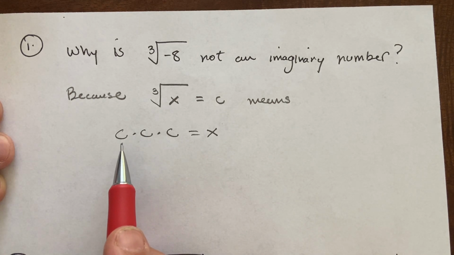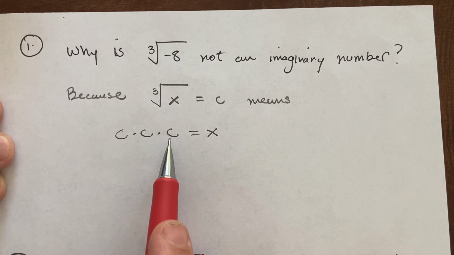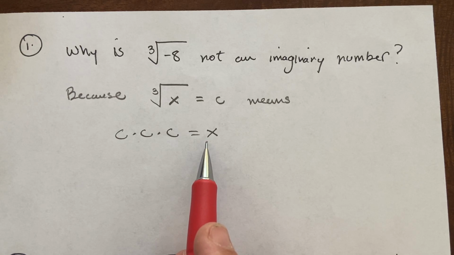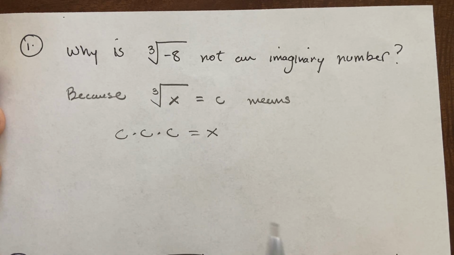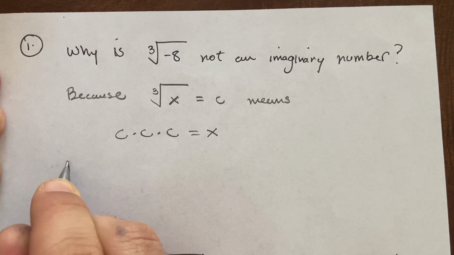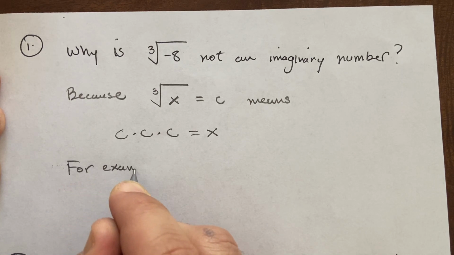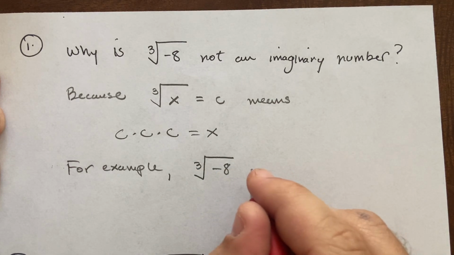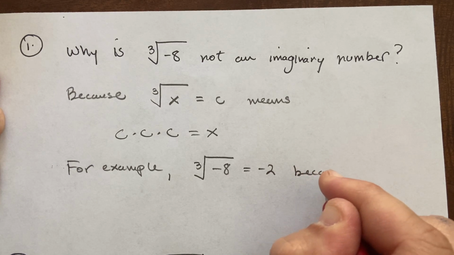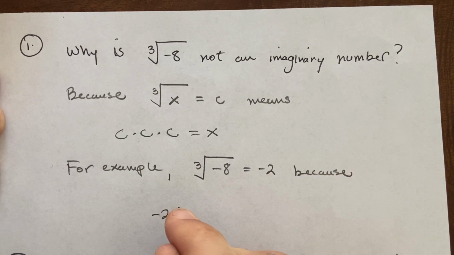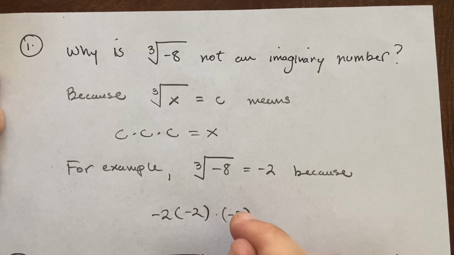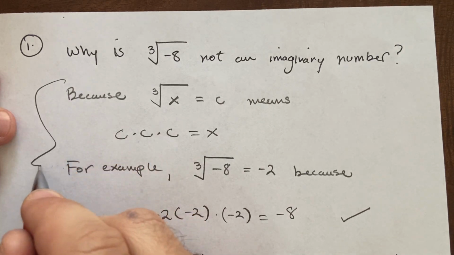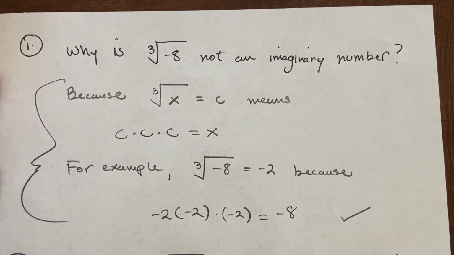And if you have an odd number of multiplications, then if c is negative, then x will be negative, right? So for example, the cube root of -8, like we do here, is -2 because -2 times -2 times -2 is -8. So all of this would be a part of my response.